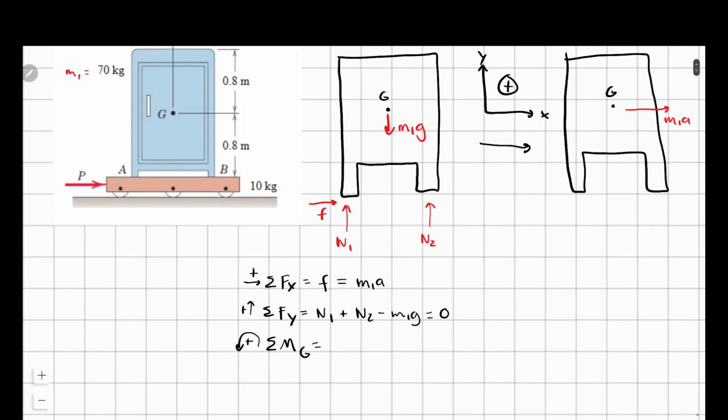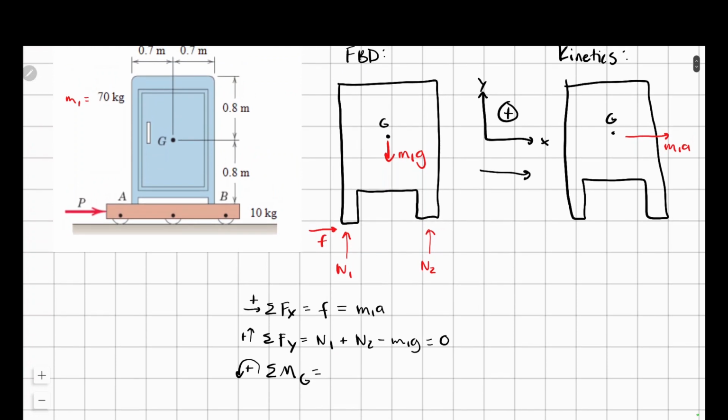On the left side, free body diagram, we have the friction, and that would be moving it in this direction, so that would be positive. So friction, and the distance from friction to the point G would be this distance, which is 0.8. Then we have N1, which would be moving it in that direction, which is clockwise, so that'd be negative.